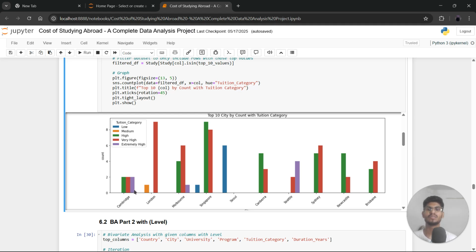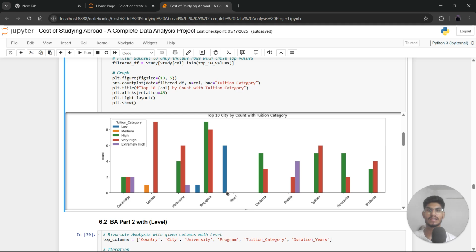If you want to go to a particular nation and you want to see which city is costing the less tuition fee, we can go here. In London, UK, the tuition fees are very high, so you have to take the decision wisely.